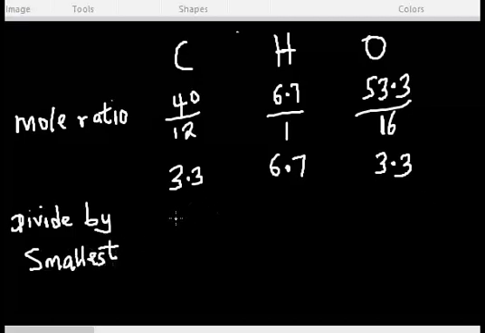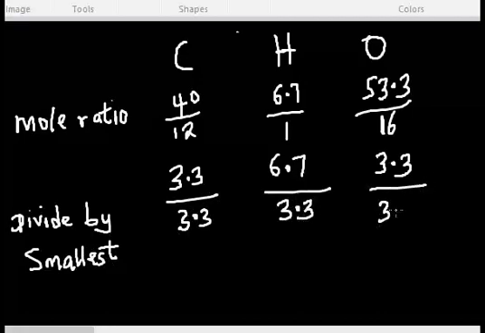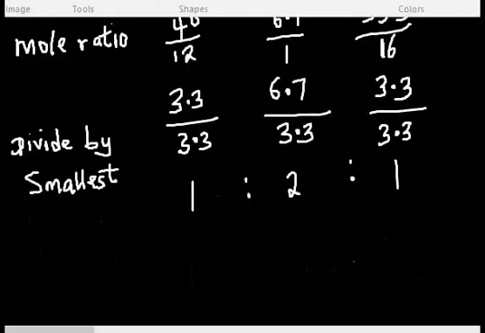The smallest here is 3.3, so I'm dividing this by 3.3, I divide this by 3.3, and of course I divide this by 3.3. So if you divide, you have 1, 2, and 1. This is approximately 2 is to 1. So, the empirical formula.